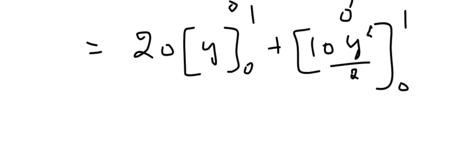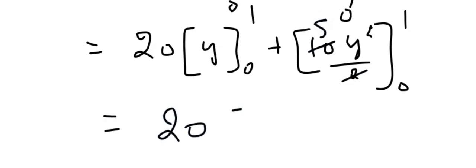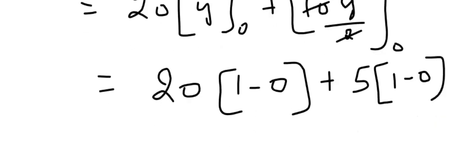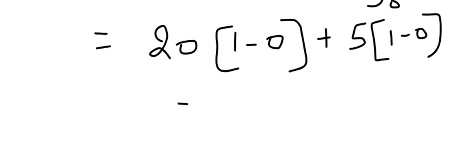We can cancel off 2 and 5, so that will give you 5. So it is 20 times (1 minus 0) plus 5 y squared, so 1 minus 0 again. So it is now going to be 20 plus 5, which is equal to 25 joules.